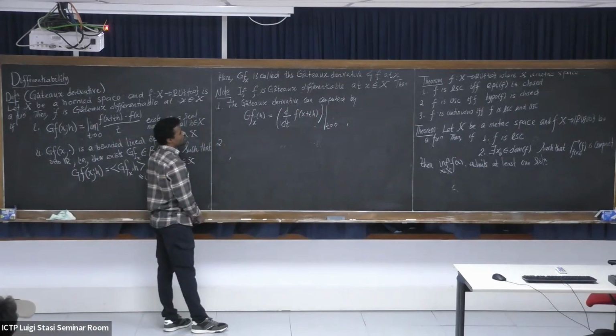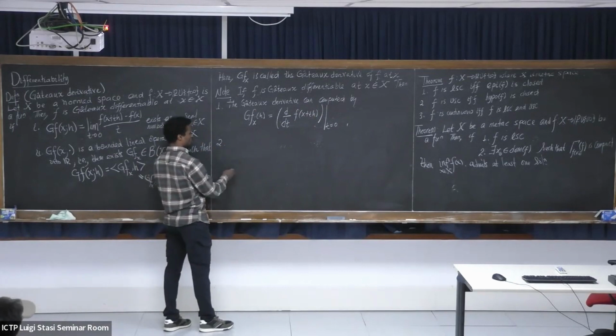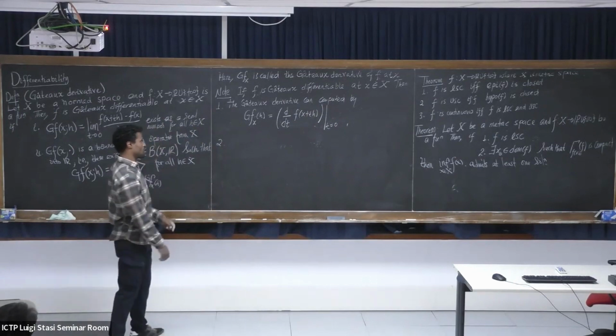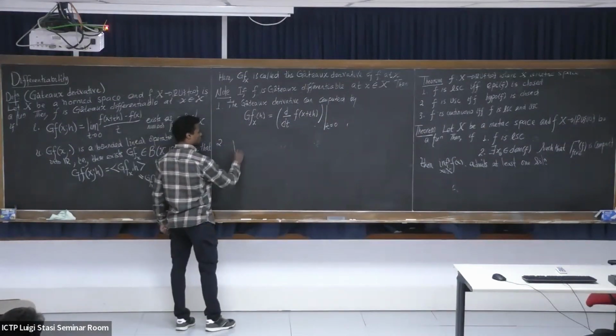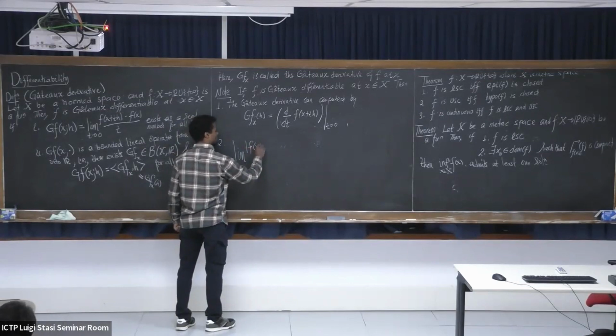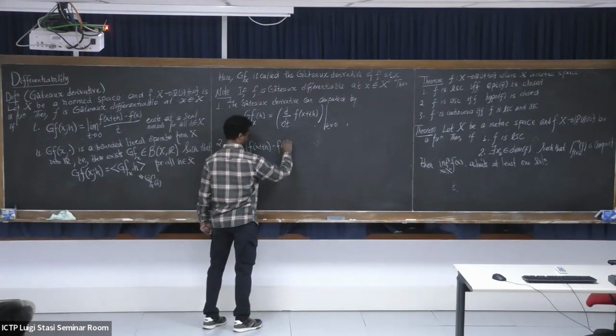Second one is if it is Gateaux differentiable. This is very important because I will have a stronger differentiability later. Differentiability. This will be very important in linking Gateaux differentiability with Fenchel.